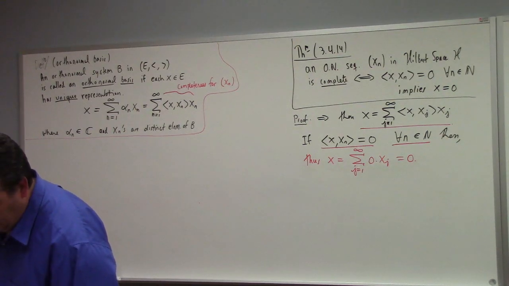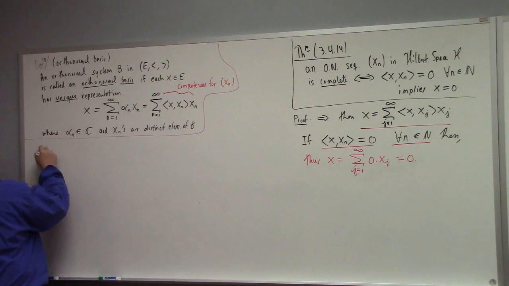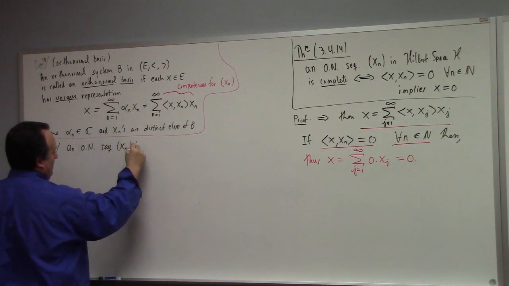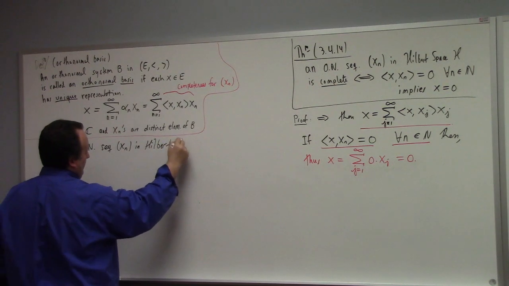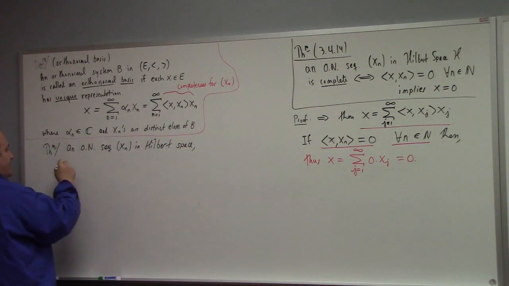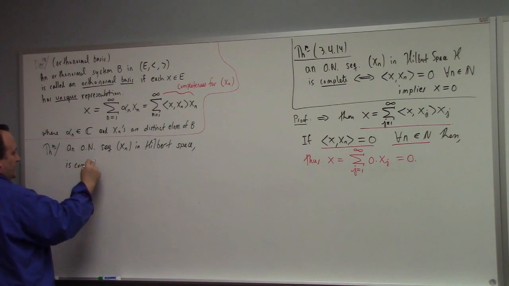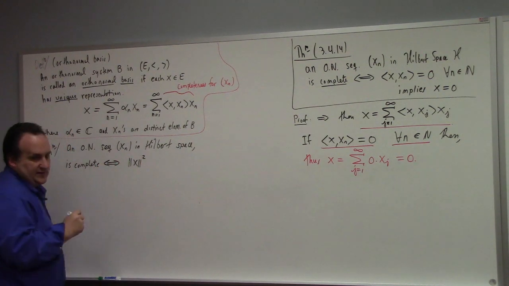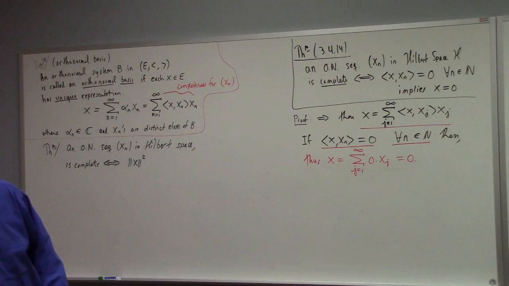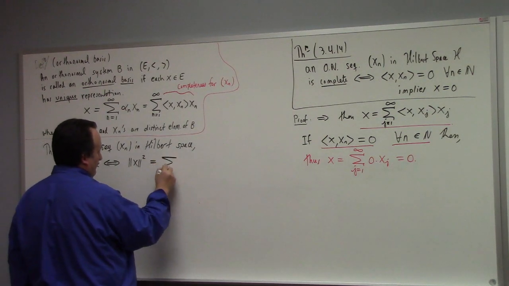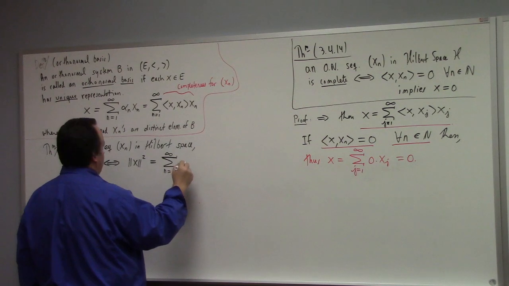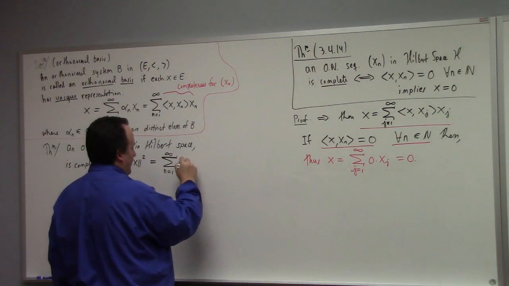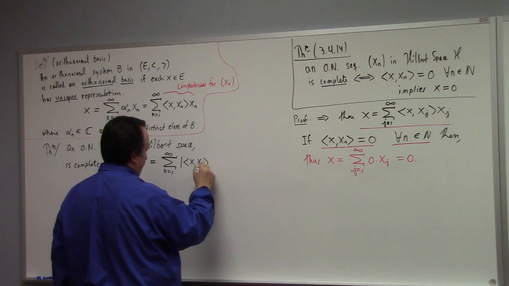An orthonormal sequence in a Hilbert space H is complete if and only if Parseval's formula holds, which is that the norm squared of x is equal to the sum n equals 1 to infinity of the absolute value of the inner product of x with xn, squared.